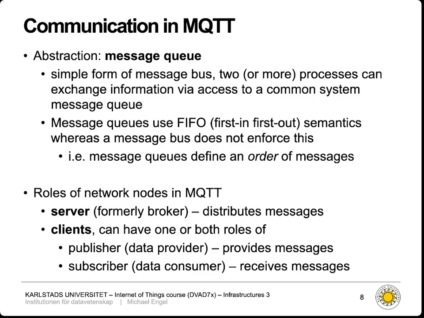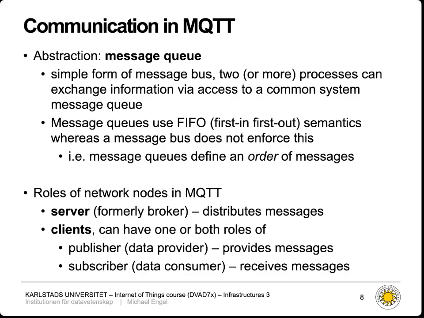Compared to a message bus, message queues define a given order of messages, which can make implementing things quite a bit easier because we have a sense of which came before the other. And we'll see something in addition to this in our discussion about data on the IoT in the next lecture, in the data part of the course.